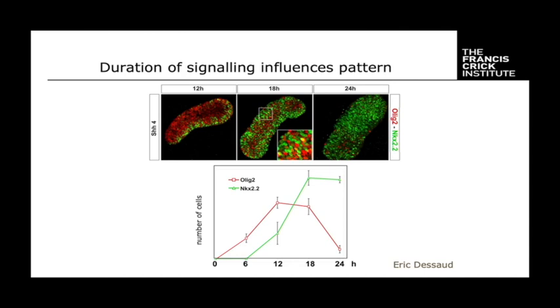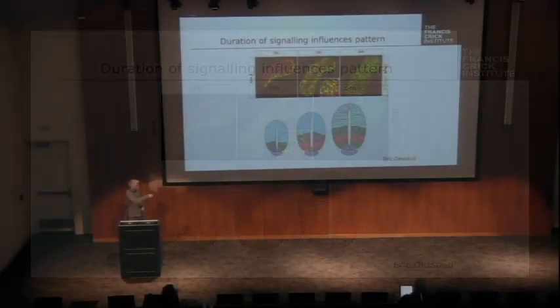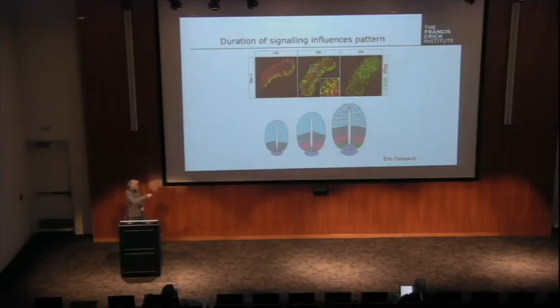So initially OLIG2 is induced, and then it's turned off as the high response gene, NKX2.2, is induced. And indeed, if we look in vivo, we see a similar sequence of events. Initially cells in the ventral neural tube turn on the low response gene, OLIG2, before transitioning to the high response gene, NKX2.2.